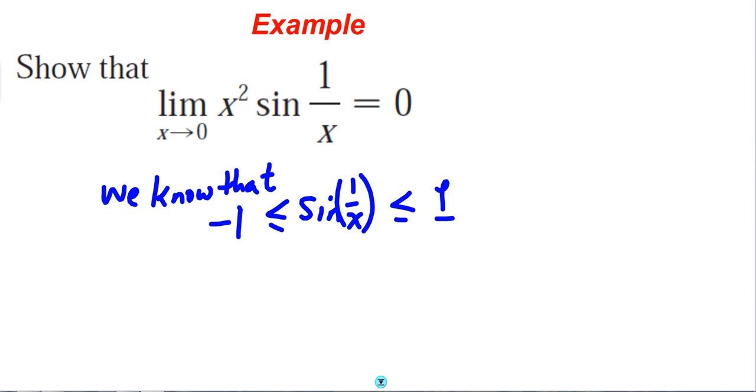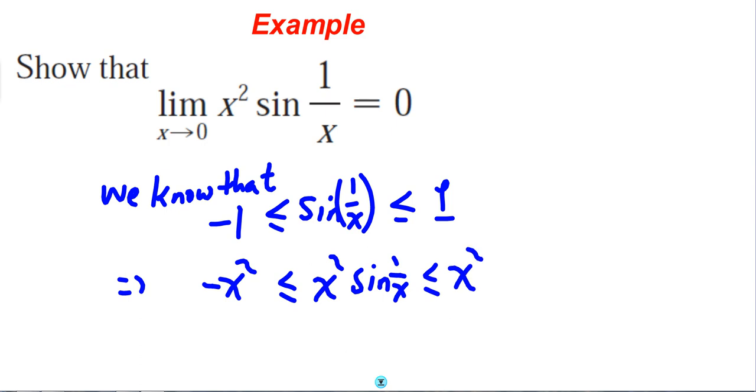The sine of any value will be from negative 1 to 1. We can now multiply this whole expression by x squared. This means that negative x squared will be less than or equal to x squared sine 1 over x, less than or equal to x squared. Now you see that the middle function is the one whose limit we are looking for.